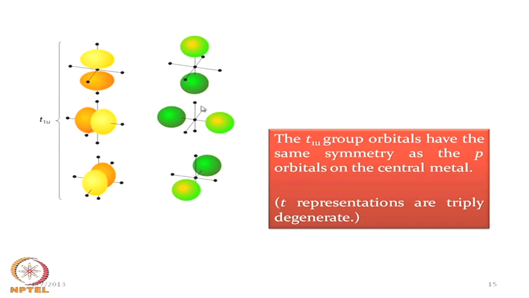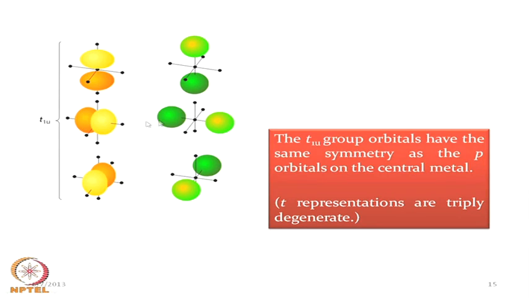So, these 3 p orbitals pointing in these directions are the set of orbitals matching the metal orbitals, and these ligand group orbitals are useful from this T1u symmetry. That symmetry level includes the p orbitals from the metal and the orbitals from the ligands, and they are utilized for overlap, and the T1u set of orbitals will be found in the molecular orbital diagram for good overlap.